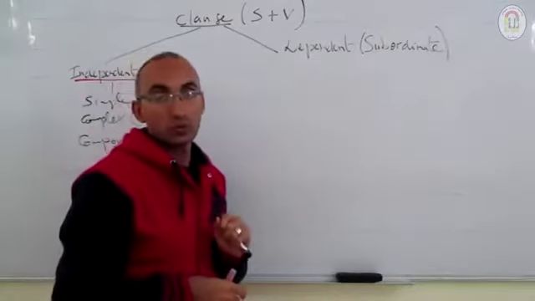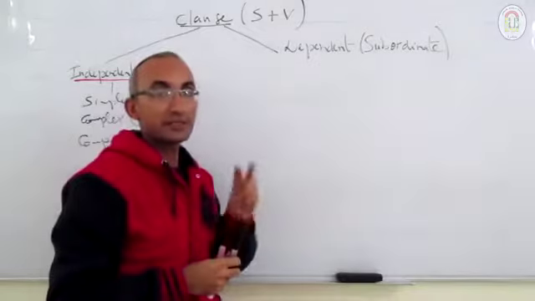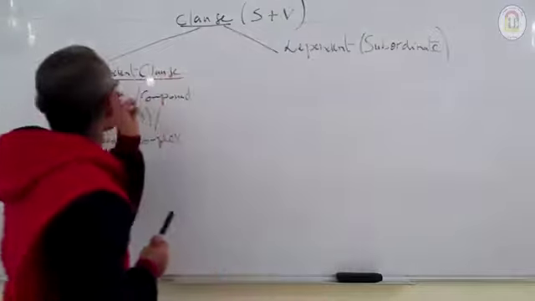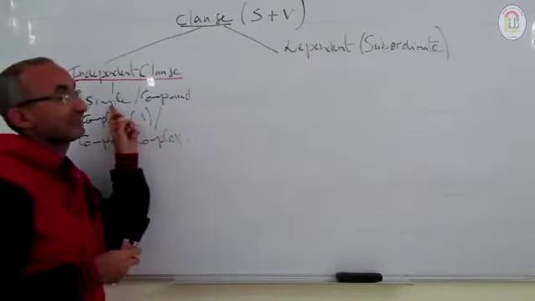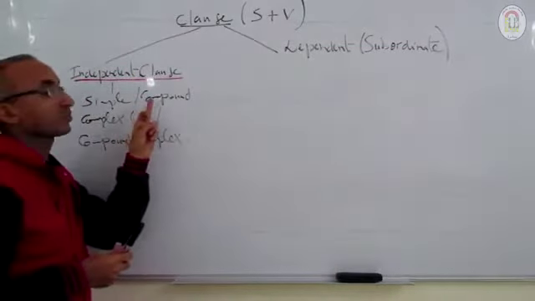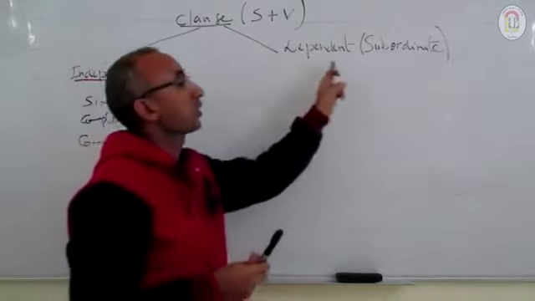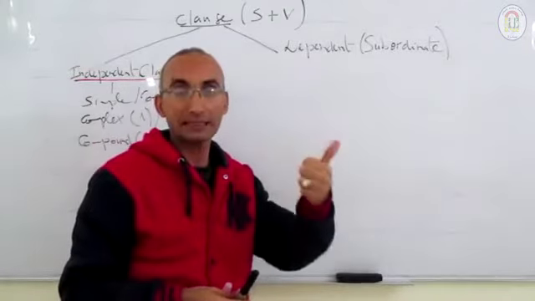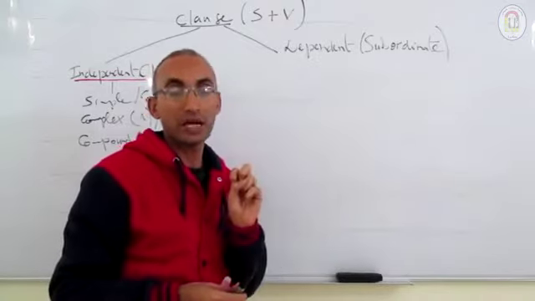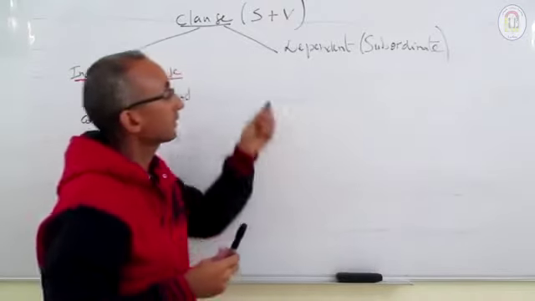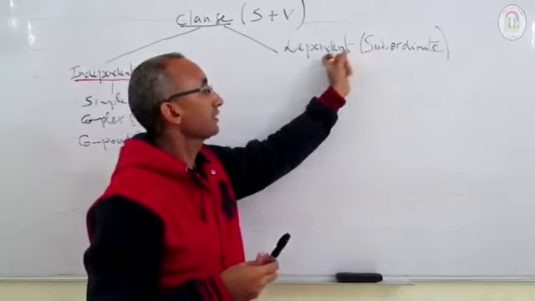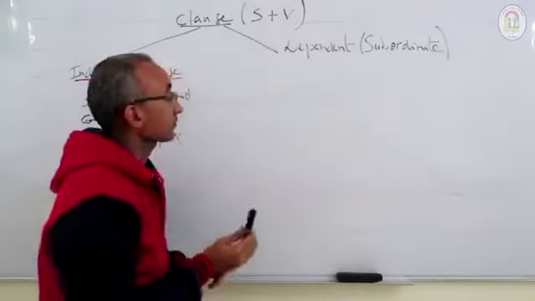This one, we find it only in the two last types of the English sentence, because the simple sentence does not contain any dependent clause, and also the compound one does not contain any dependent clause. So what is left is only the complex and the compound complex sentences. These two types are the types which contain examples of our subordinate or dependent clause.